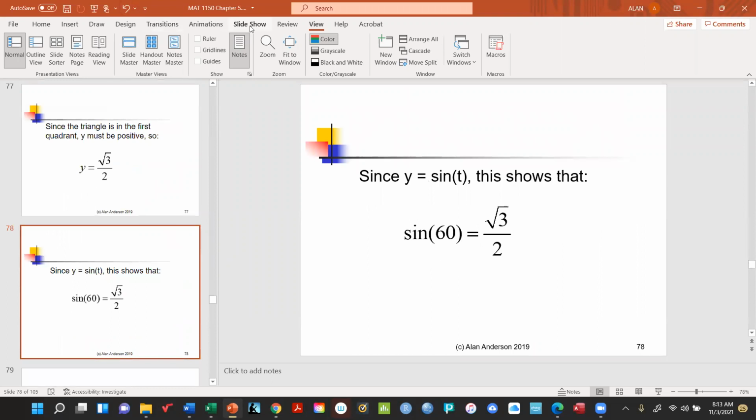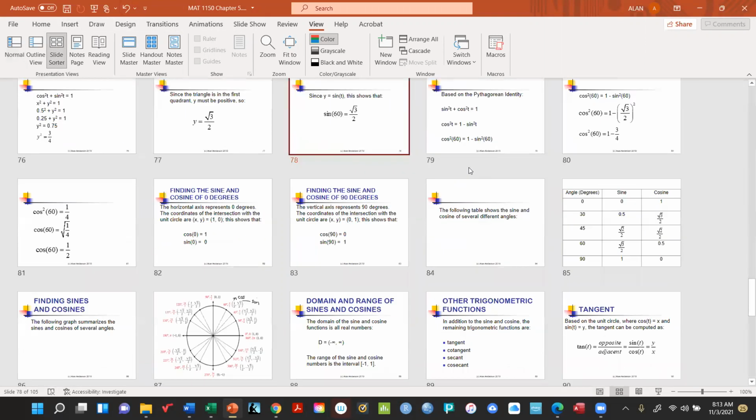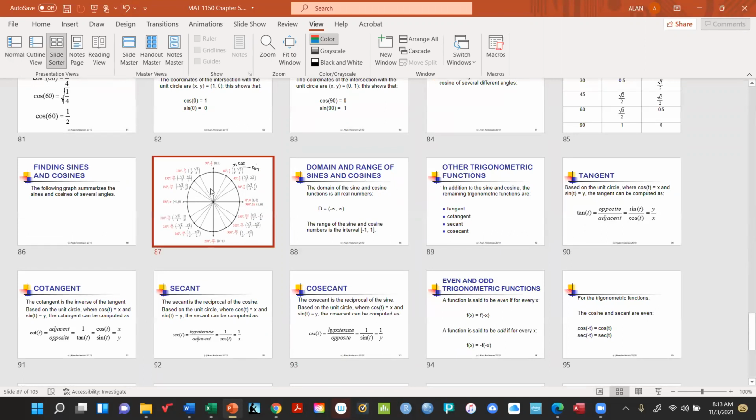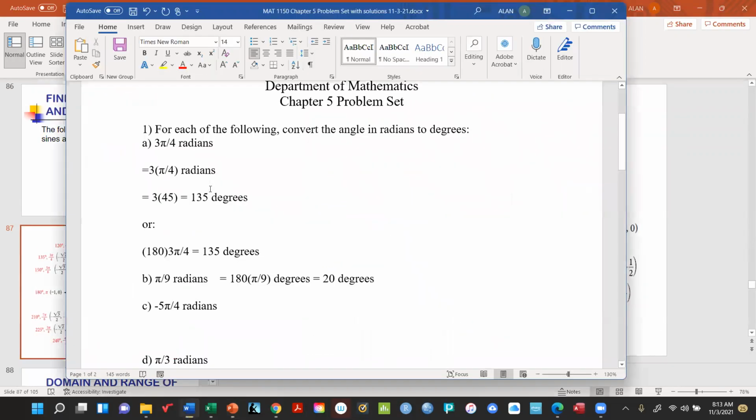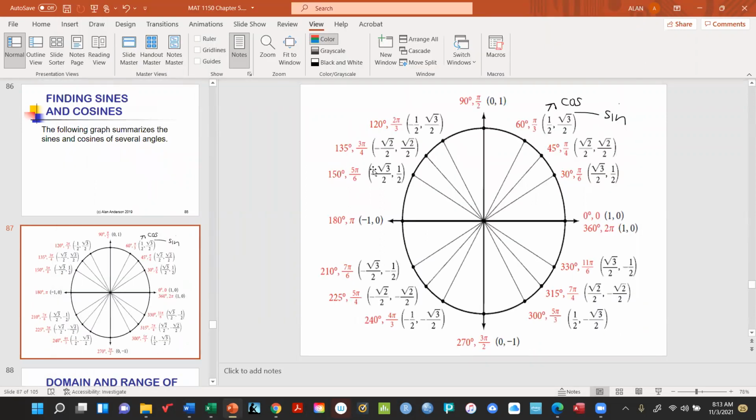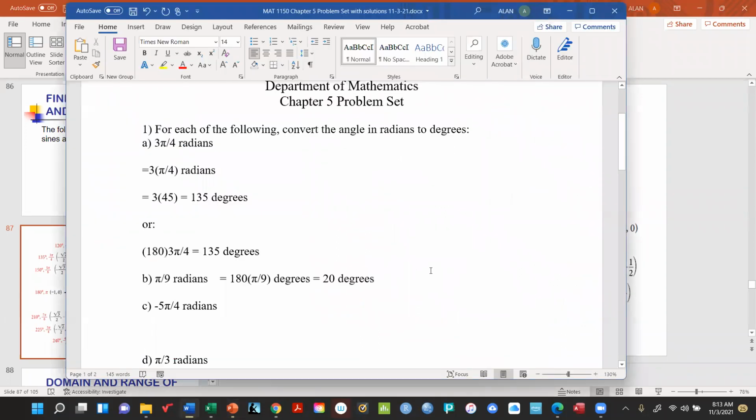So let's do that right now. Okay, let me go get the unit circle. There it is. So what are we faced with here? We've got negative 5/4 pi radians. So if you look at the circle, let's see. Oh, this one doesn't have radians. I thought I had another. Oh, wait. Yes, it does. They're right here. But it doesn't have the negatives. That's the thing. So here's what we have to do.